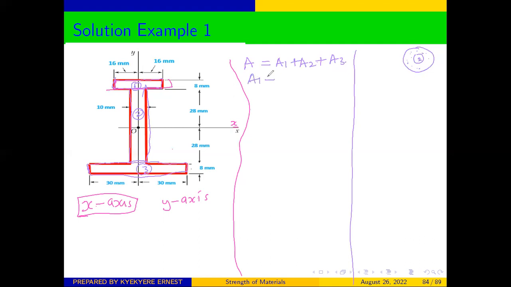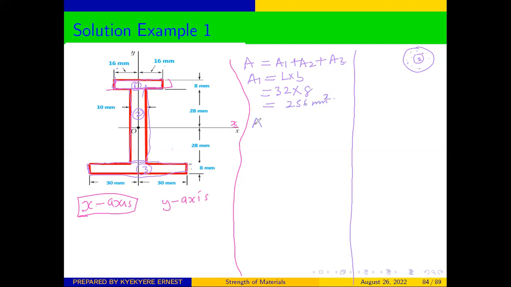So I determine area 1. Portion 1 is a rectangle, and the area will be length times breadth. From here, the length will be 16 plus 16, which is 32, times the breadth, which is 8. From there, the area is going to be 256 millimeters squared.